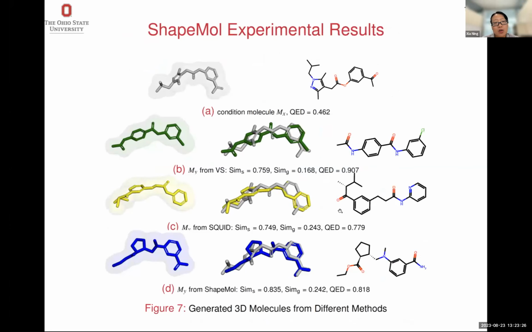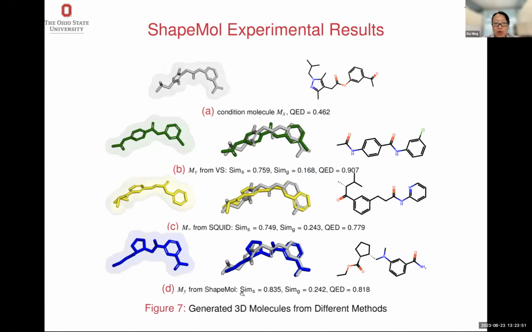And here, just a quick example of the 3D structures we generated. This is a molecule, or you can consider this a known ligand structure. And we want to generate ligands that are similar to this ligand in terms of their 3D shapes. The shades here represent the 3D structures. And the second figure in each panel represents a superimposition of the shapes.